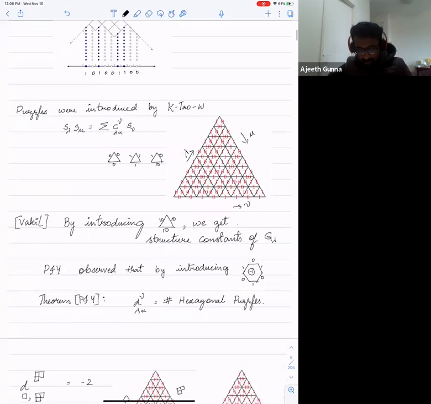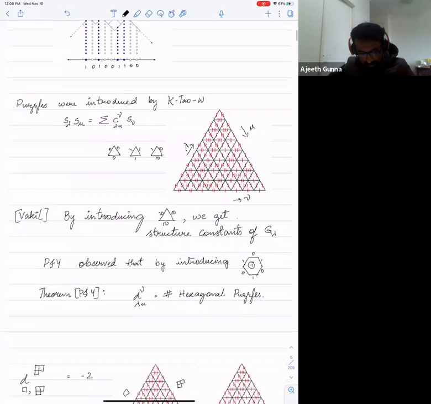And what Knutson said was, if you introduce this extra piece, only in this orientation, you get the structure constants for Grothendieck polynomials. And what Pylyavskyy and Yang said is, if you introduce this hexagonal piece, and every such piece gets a weight of -1, they will compute the dual Grothendieck structure constants.